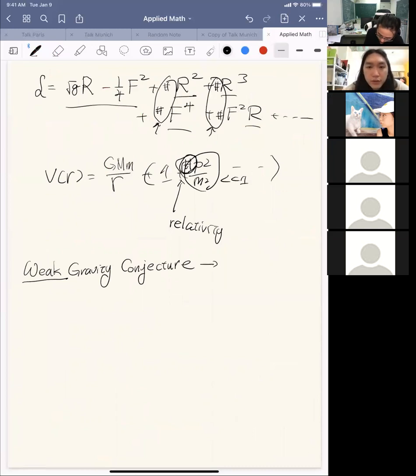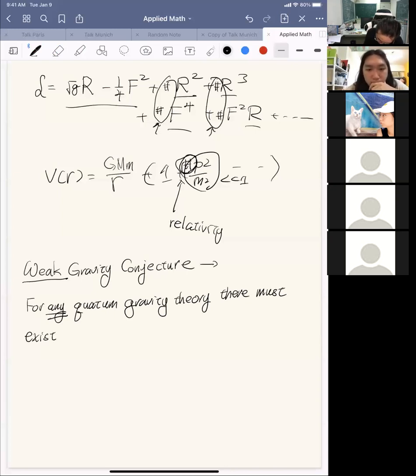So the weak gravity conjecture states that for any quantum gravity theory, the important thing is there must exist a state with Q over M bigger than 1.